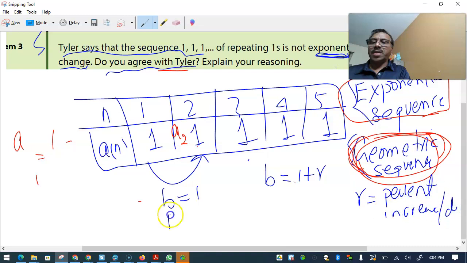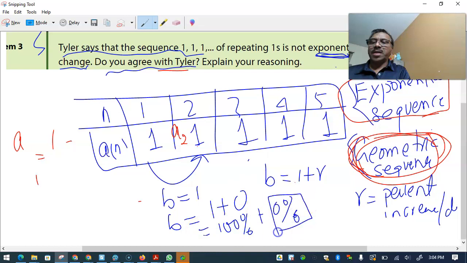In this example, we can write b equals 1 plus 0, which means it is 100% of what you have in the beginning, and 0% is no increase or decrease. Because there is no percent increase, this sequence is not exponential.